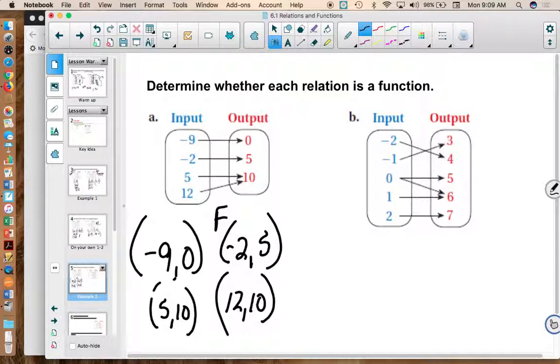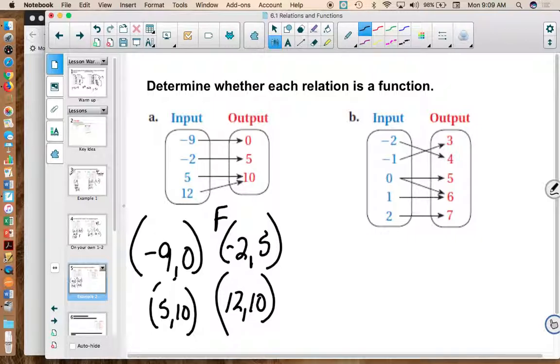For every input, there is exactly one output. This one, A, is a function. Every input has exactly one output. Okay? The rule doesn't apply to the outputs.